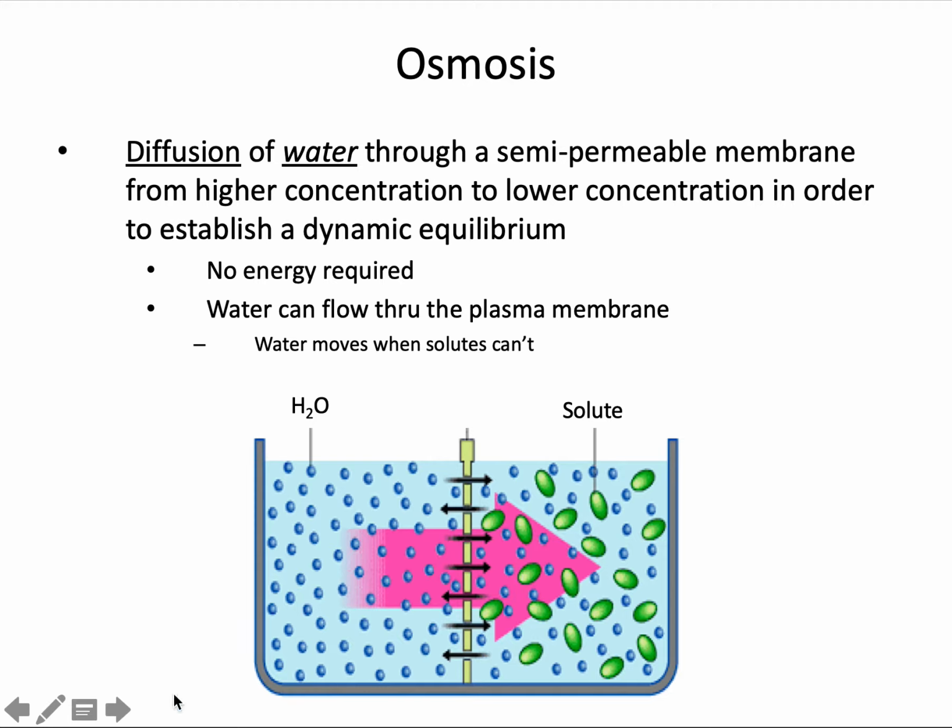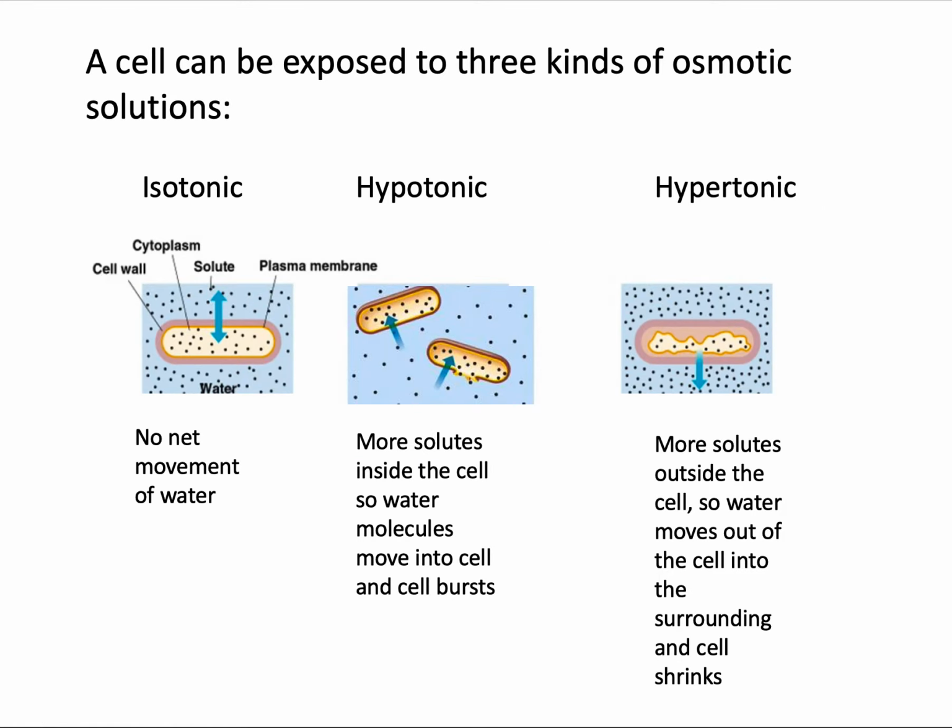So it's a diffusion of water. Water is in high concentration here in this chamber, water is in lower concentration here in this chamber. So water will move from this region of high concentration to this chamber of low concentration until equilibrium is established. And energy is not expended in that process as well.